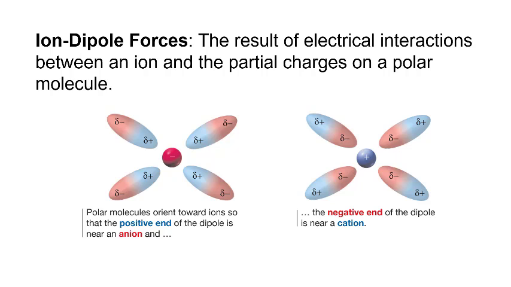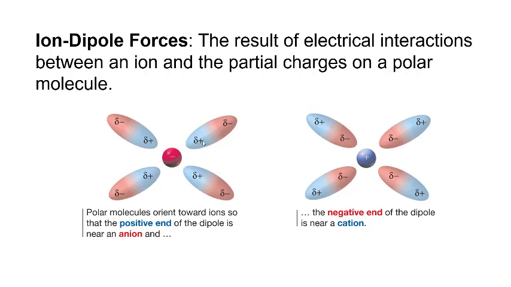What we can see here is an attraction between an ion, whether it's a negatively charged anion, so think about Cl minus or F minus or O2 minus, or a cation, so think about sodium plus, potassium plus, magnesium 2 plus. So these are ions in the center, with an attractive force between a free ion and a molecule.